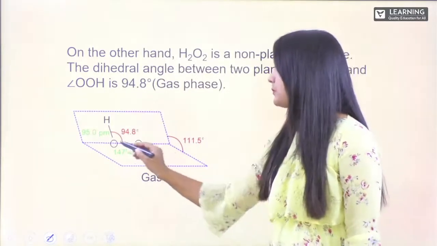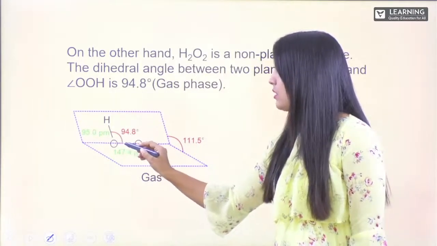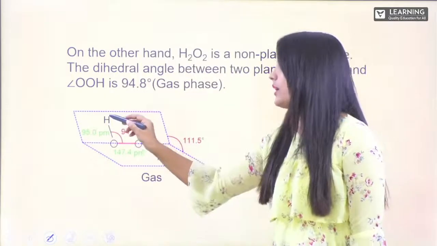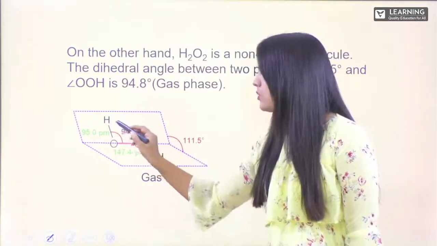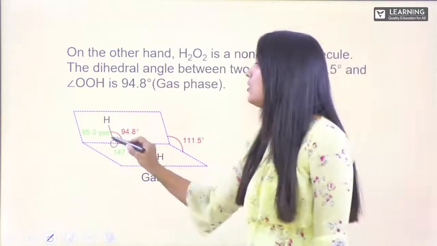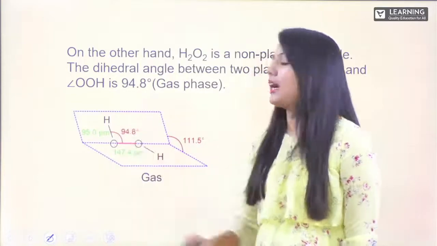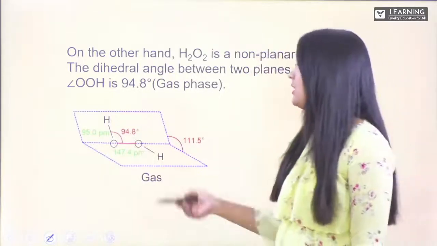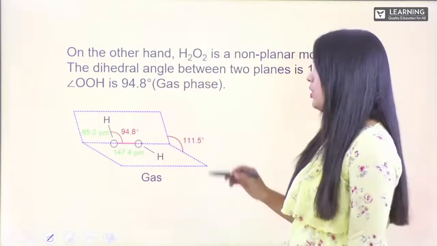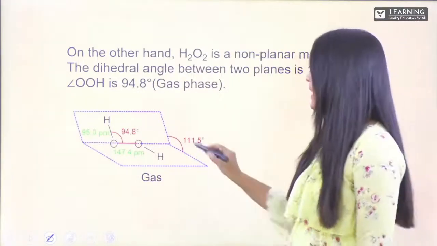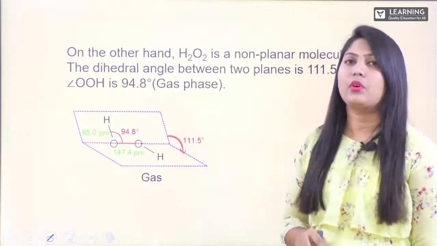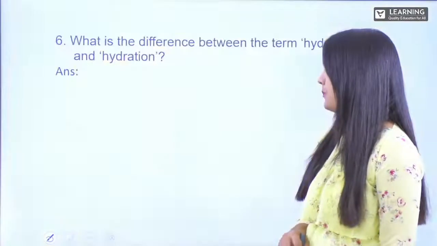You can see it has the oxygen-oxygen bond and oxygen-hydrogen bond, where the angle is 94.8 degrees, and the bond length between oxygen and hydrogen is 95 picometer, whereas oxygen-oxygen is 147.4 picometer, and the dihedral angle is 111.5 degrees.